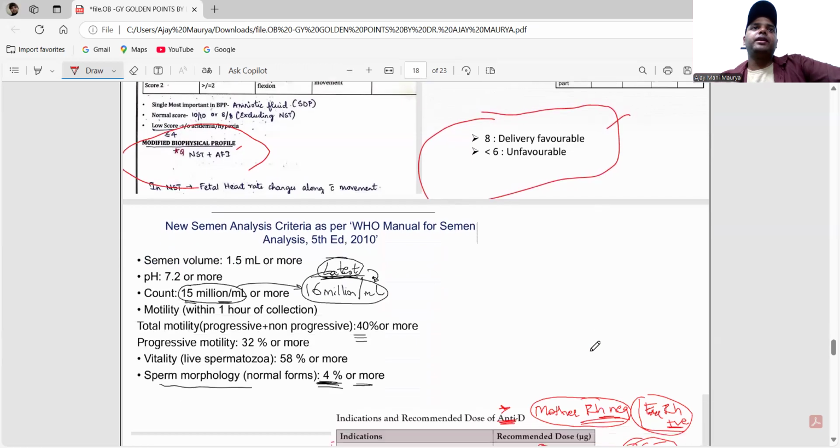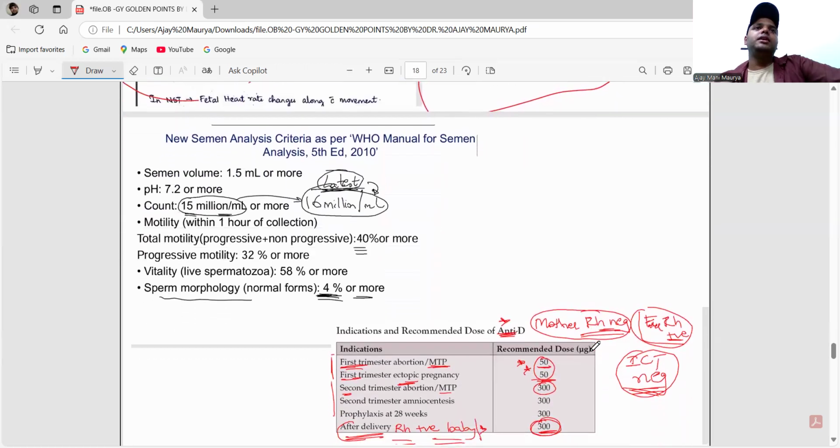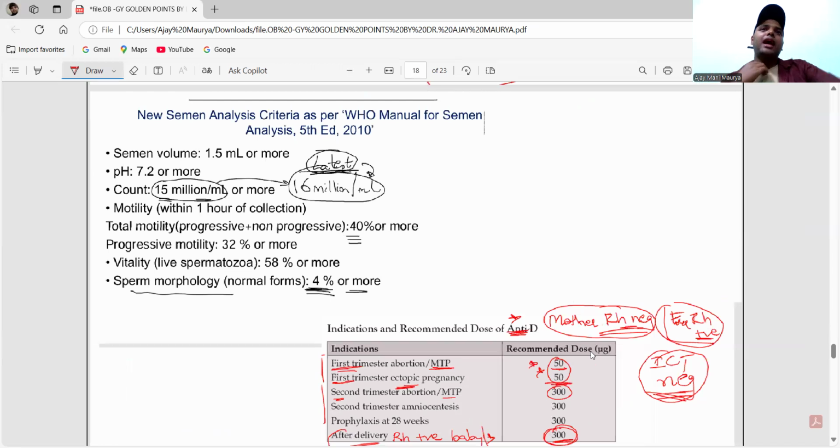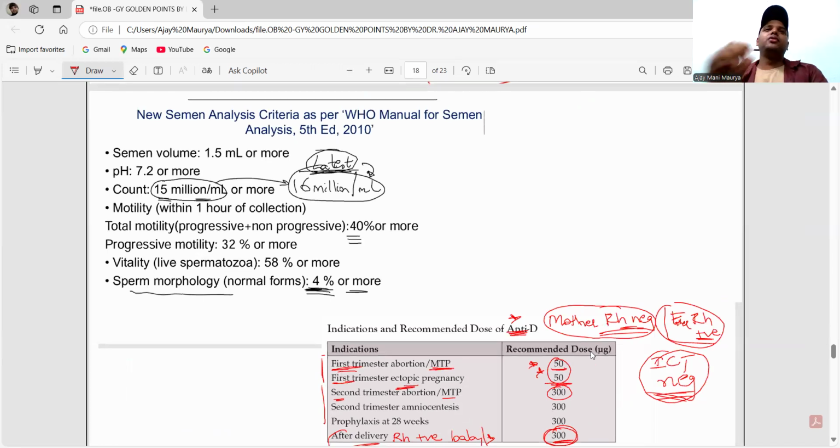Next one, guys, is the new semen analysis criteria, as per the WHO manual. See here, the count: earlier 15 million was the normal, but the latest is 16 million.